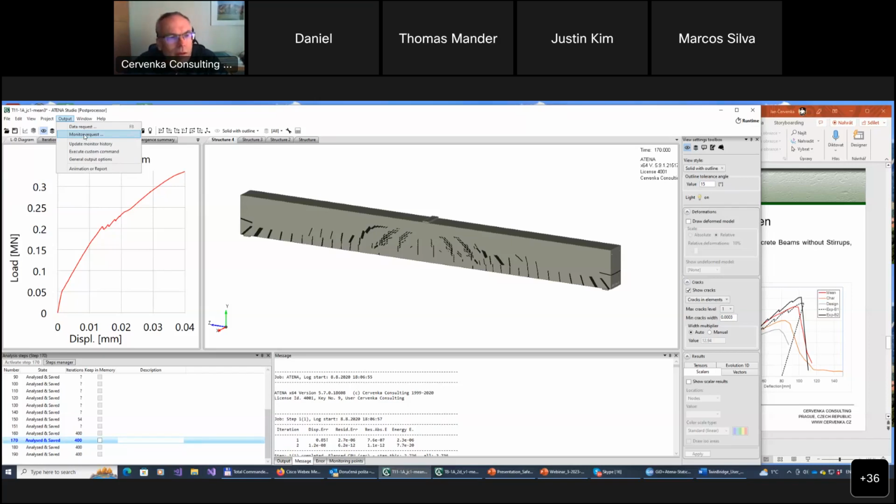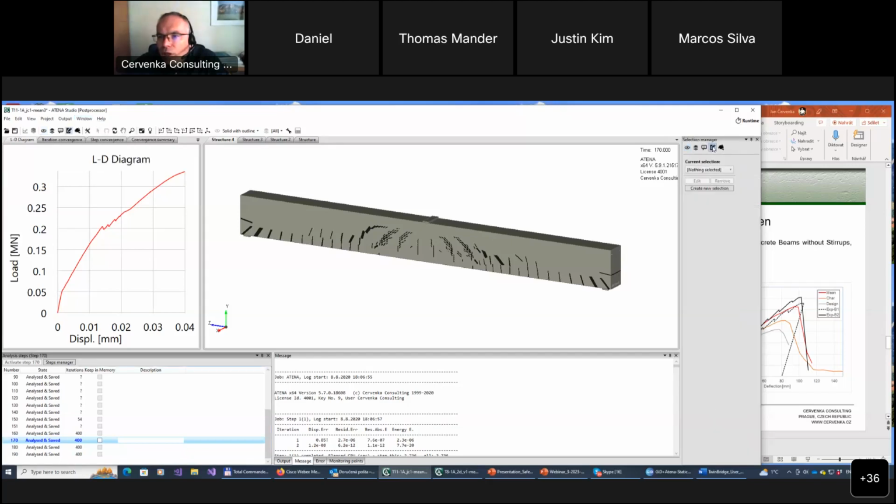So you can do it in the postprocessor as well. It typically involves two steps. Here in the selection manager, you define some selection, and then you define a monitor using this selection. When you do the monitor request, it will extract some data from the calculated steps.